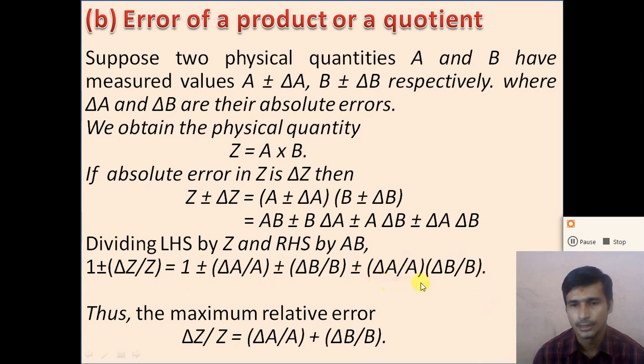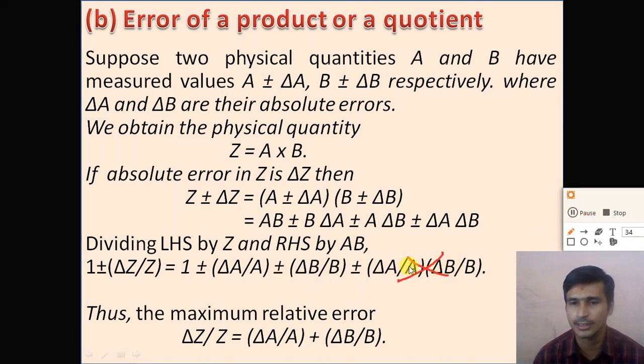Here the term delta A by A multiplied by delta B by B is very small compared to the other terms, so we neglect this term. We get the maximum relative error in Z. In the previous case, addition or subtraction, we got the maximum absolute error.